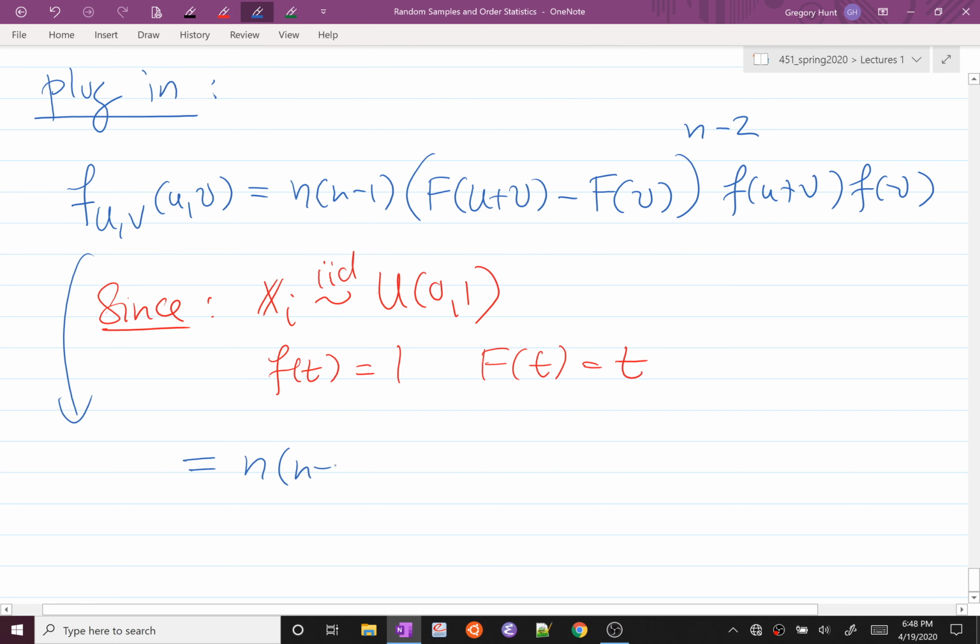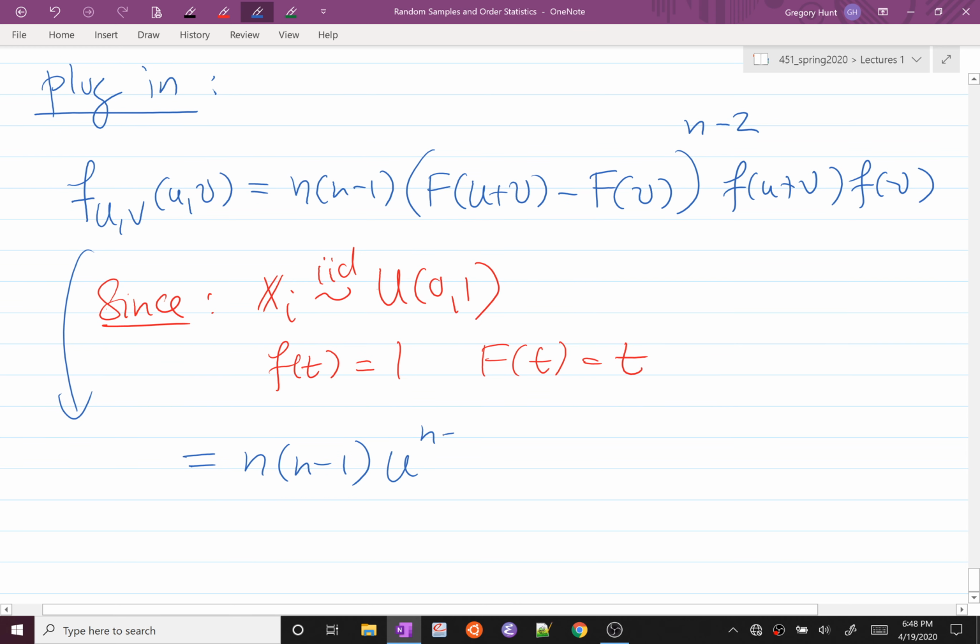This is n by n minus 1. And that is u plus v minus v, which just leaves me with a u. And little f's just give me 1, no matter what I plug in.